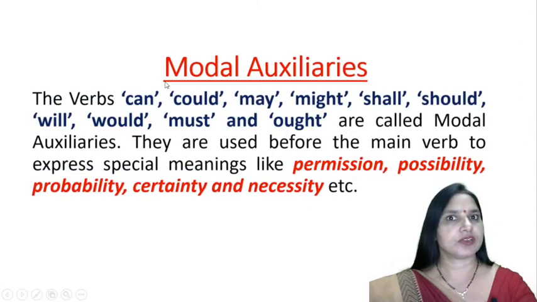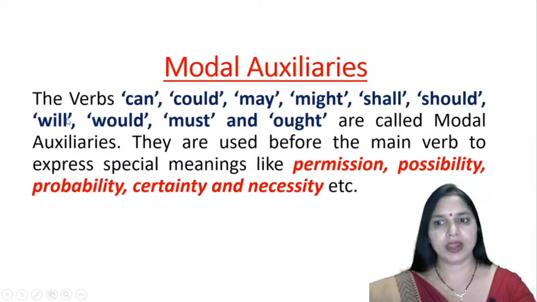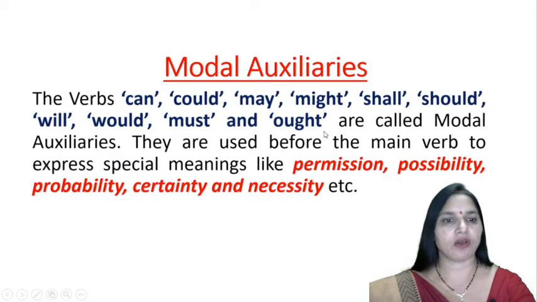Now let us see what are modal auxiliaries. The verbs can, could, may, might, shall, should, will, would, must and ought are called modal auxiliaries.